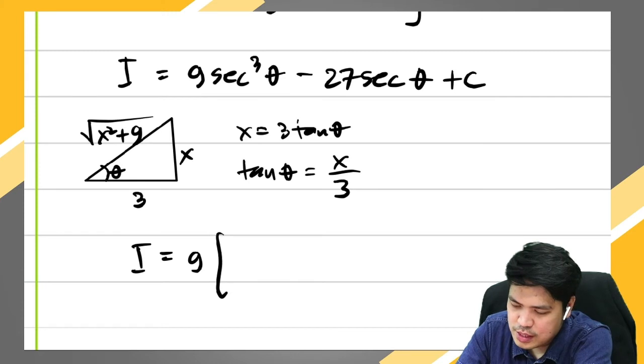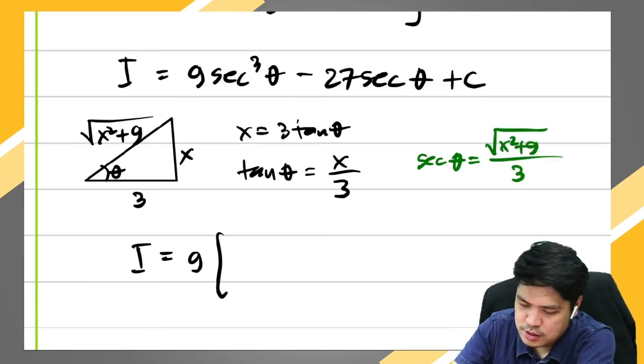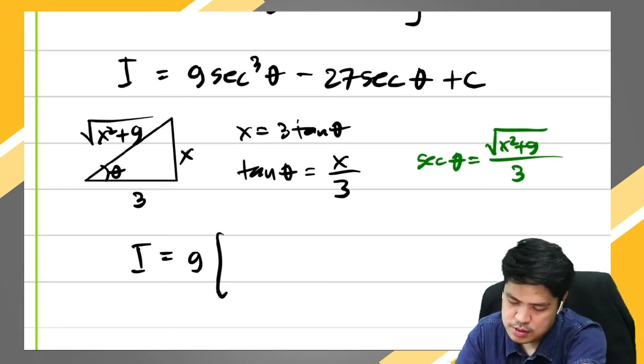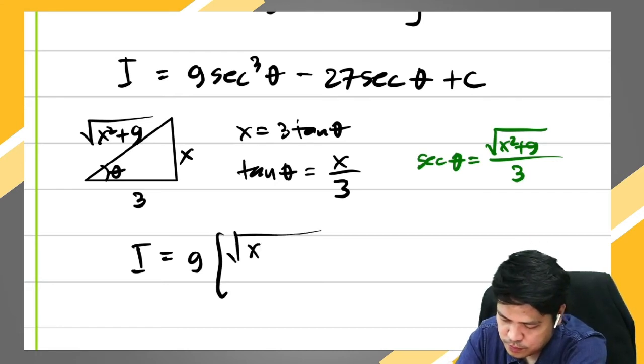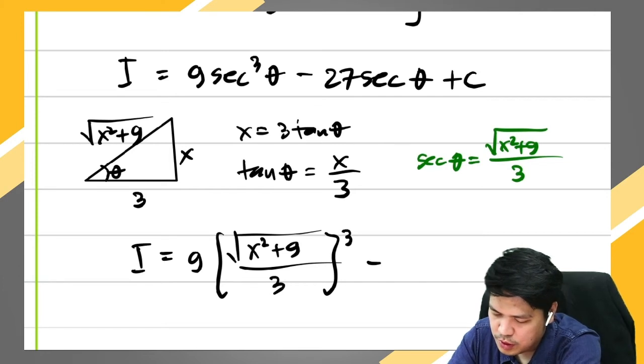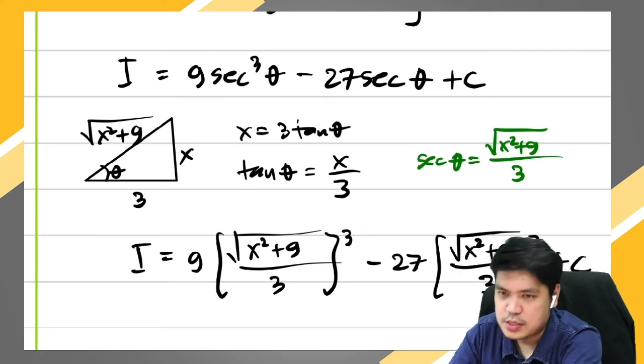We know that secant theta from the illustration, secant is hypotenuse over adjacent. So this is hypotenuse over adjacent, then cubed, minus 27 times hypotenuse over adjacent, then plus c.